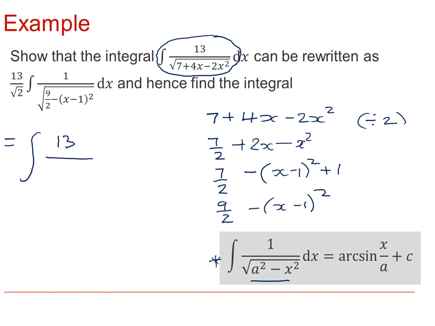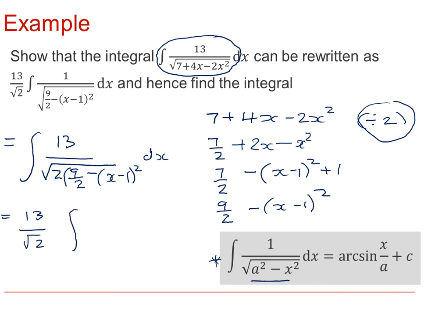I'm not going to forget that factor of 2 that I divided by there, and then I'll have a bracket with 9 over 2 minus (x minus 1) all squared, which rearranges to being 13 over root 2 outside the integral sign, and then 1 over the square root of 9 over 2 minus (x minus 1) squared dx.